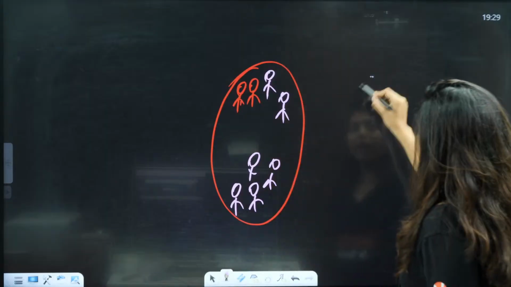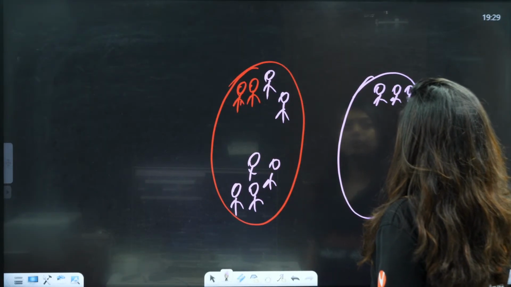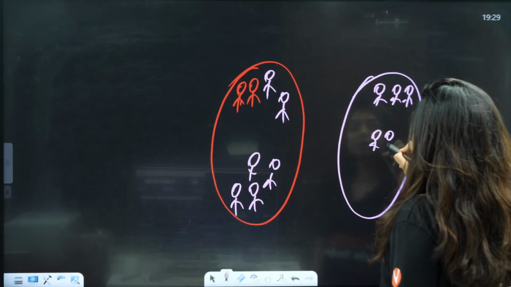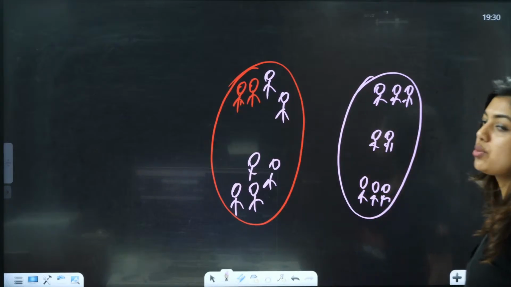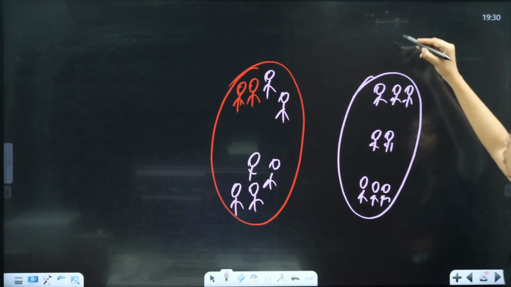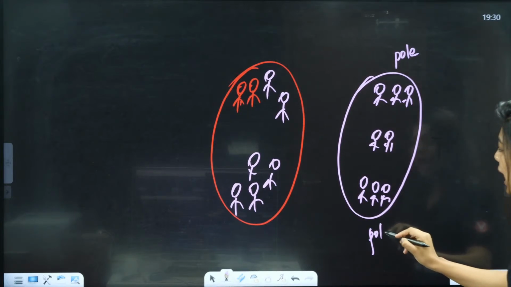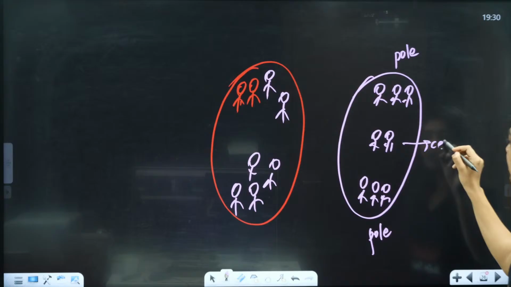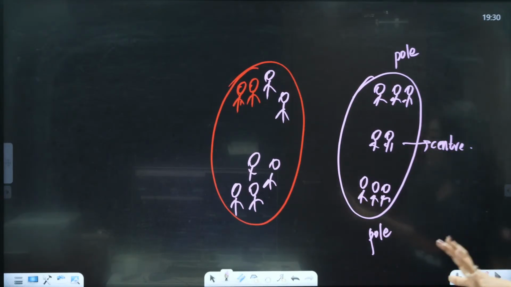In that time, let's assume 3 people come and sit here. 2 people in the center, 3 people here. That means 3 people have moved towards this pole, and 2 people are in the center. Sanjana also is here.